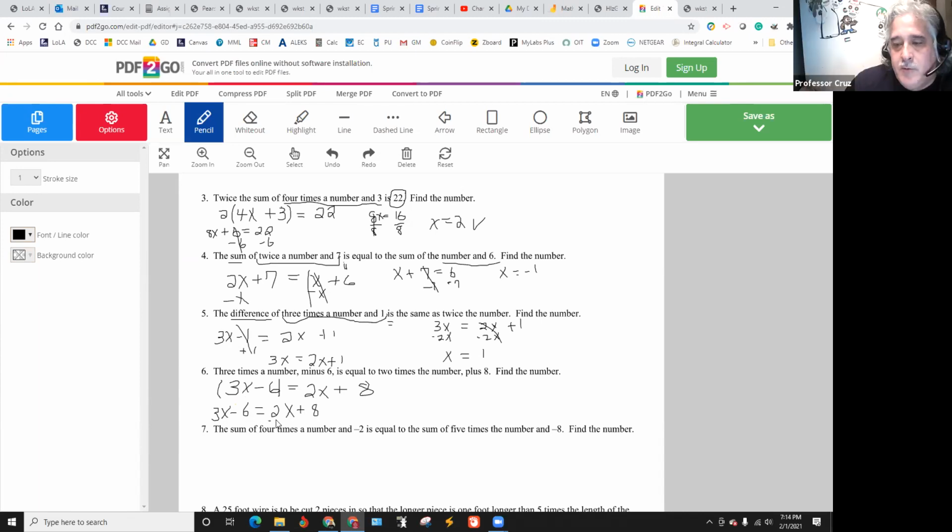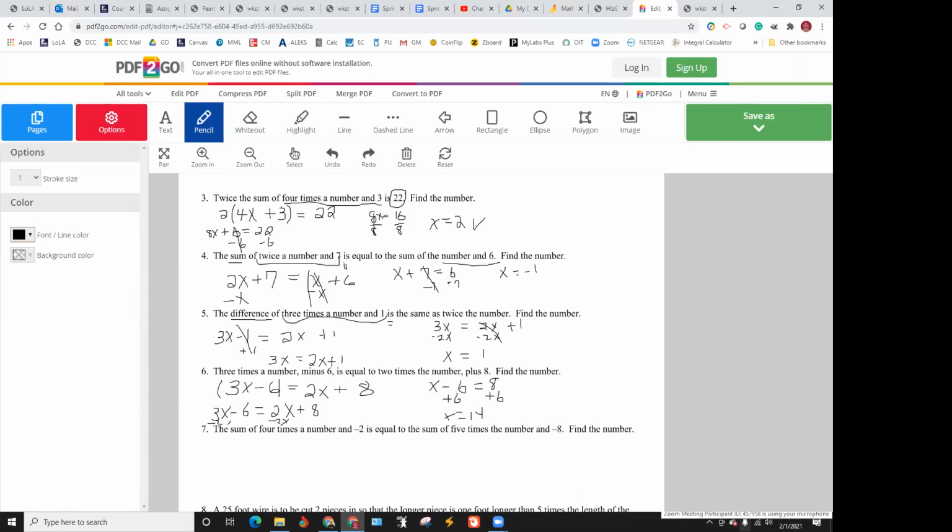All right, so subtract 2x. So that's just going to be x minus 6 is equal to 8, and then plus 6, plus 6, x is equal to 14, right?